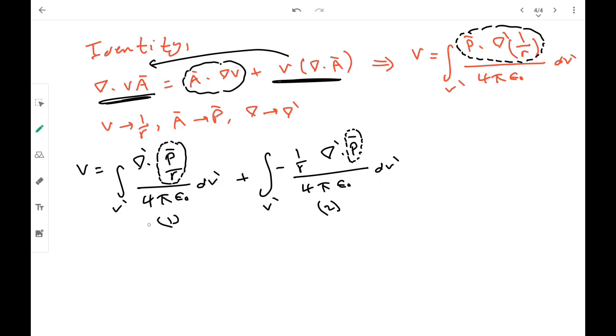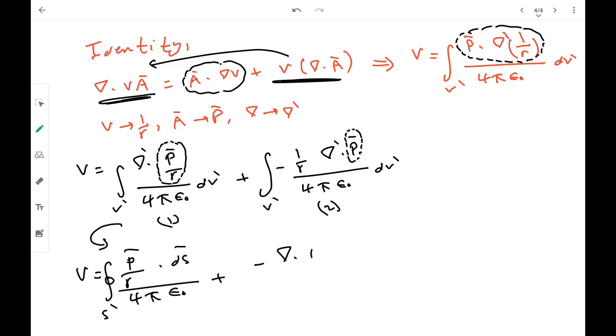So by applying the divergence theorem to integral number 1, the equation will become V equal P over R dot ds over 4 by epsilon naught integration around the closed surface, minus divergence of P over 4 by epsilon naught R dV dash integration over V dash.